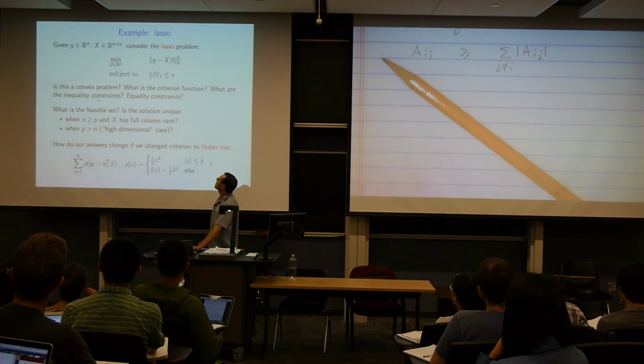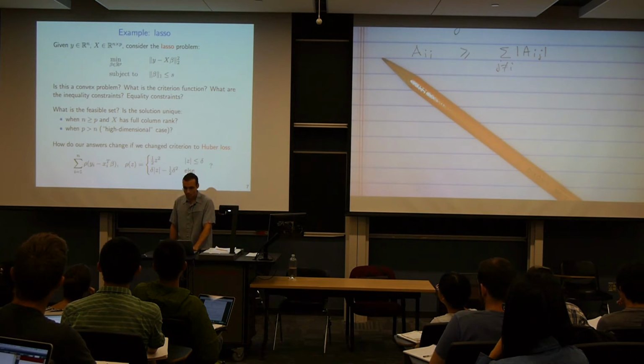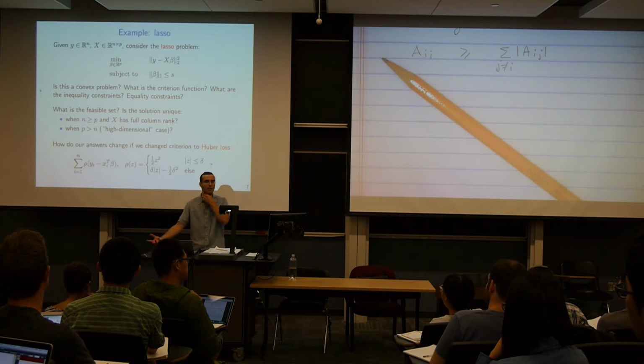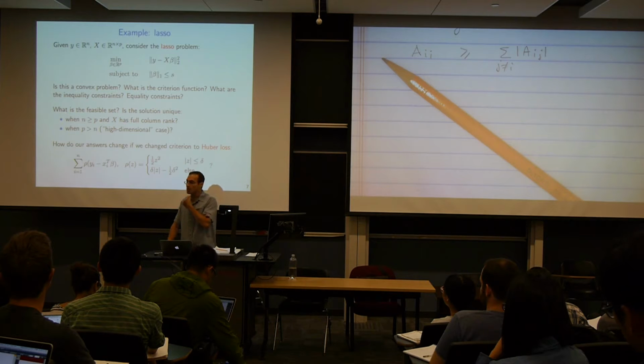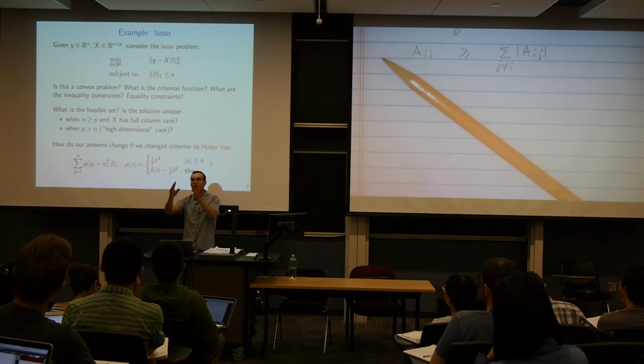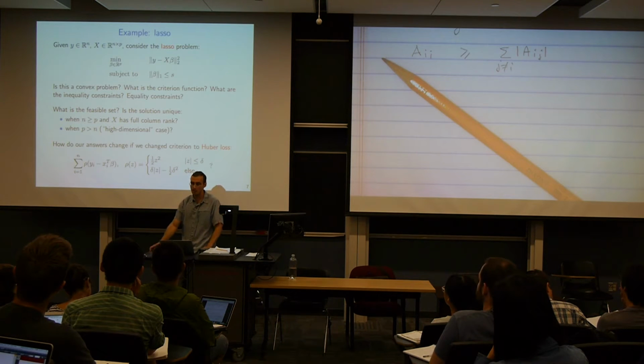So let's just go through all the terminology we learned. I know that this is very, very easy, but we'll go through it anyways. Is this a convex problem? Yes, I already said it was, but you can see that the loss is an affine transformation of the L2 norm squared, which is convex.